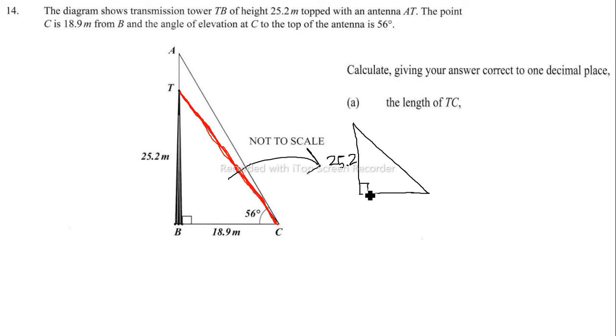And what is the length of the bottom? 18.9 meters. All right, so we want to figure out this missing side. So this is B, this is T, and this is C.